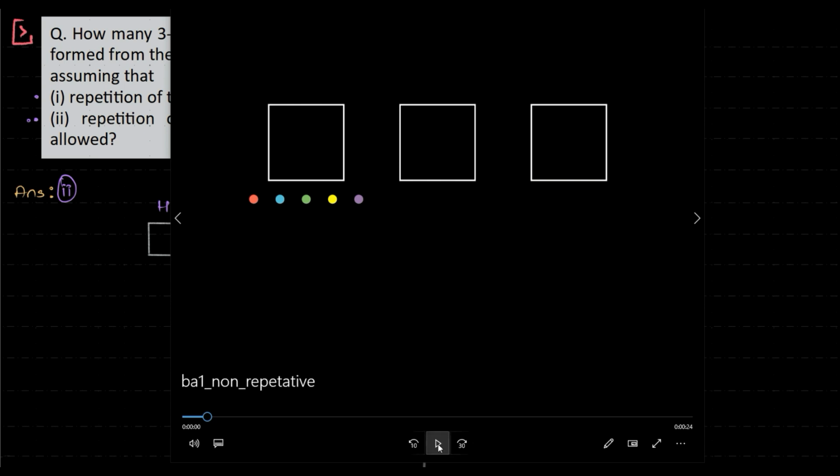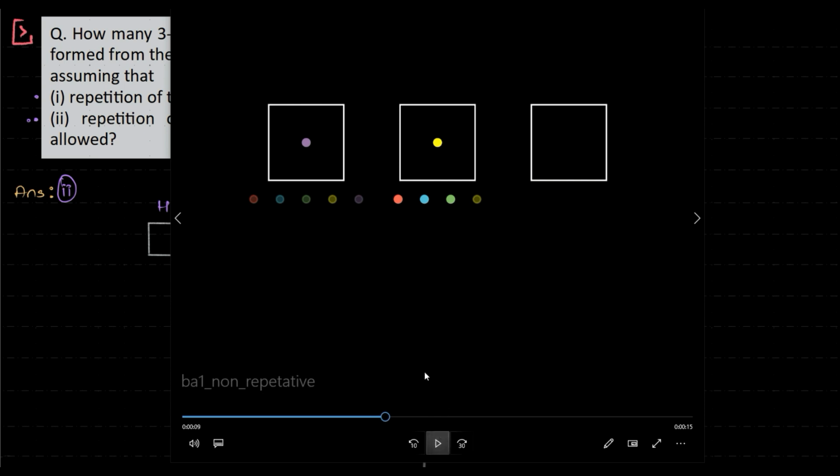Well, I will allow one object to be placed over there. So that moves out of the group, right? Remember, repetition is not allowed. That's what it means. So once used, it's used.